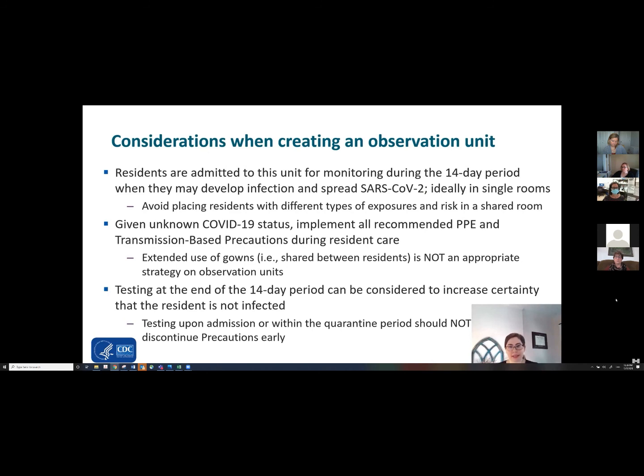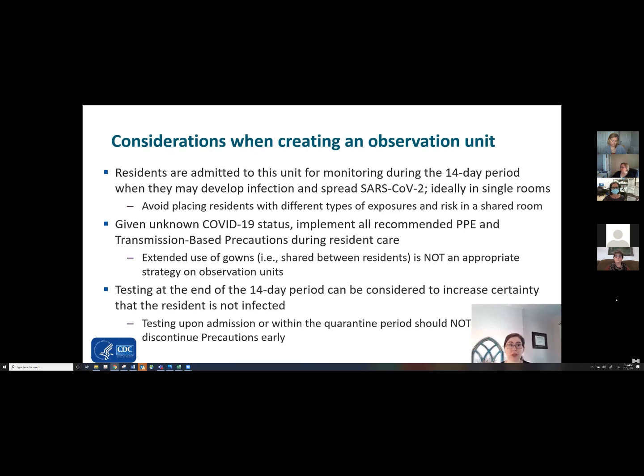Now, ideally, these individuals go into single-person rooms, but again, that may not always be possible. So what you really want to avoid are where you're placing multiple people with different exposures into shared rooms. So for example, placing the roommate of Mrs. Smith and placing a newly admitted resident into a shared room is not something that we'd recommend.